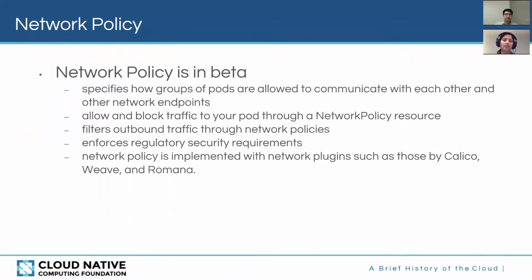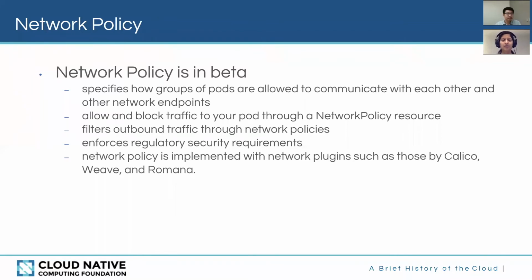It also filters outbound traffic through the policies. So this is important for enforcing security requirements and is found to be critical in many of the enterprise deployments of Kubernetes. It's implemented through a network plugin, and there are many of those available. Calico is a company that provides network policy.